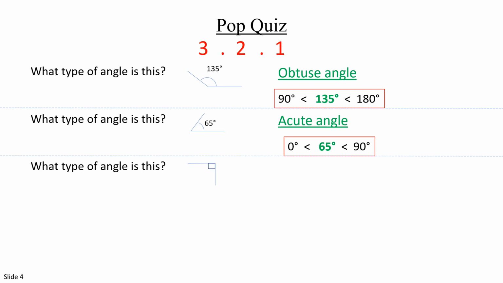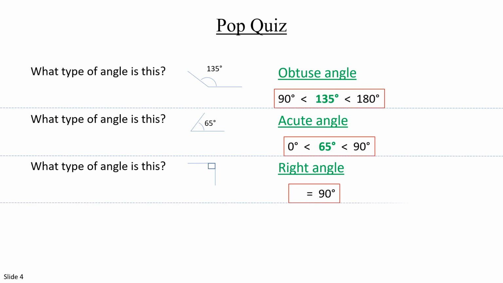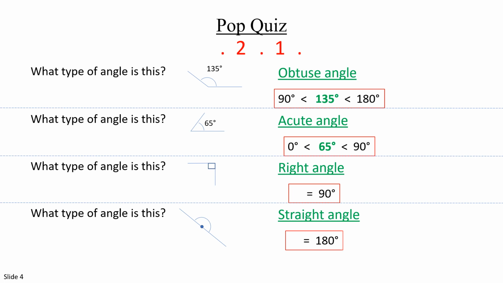So what is this? A right angle. Correct, because it equals 90 degrees. And this angle? Very good. It's a straight angle because it equals 180 degrees. Well done.